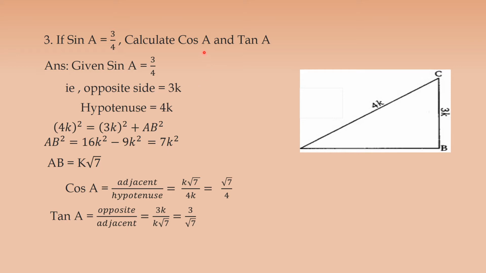To find the value of cos A, which is adjacent side by hypotenuse, it will be k root 7 by 4k, cancelling k, answer is root 7 by 4. Tan A, which is opposite side by adjacent side, is 3k by k root 7, again cancelling k, we will have 3 by root 7.